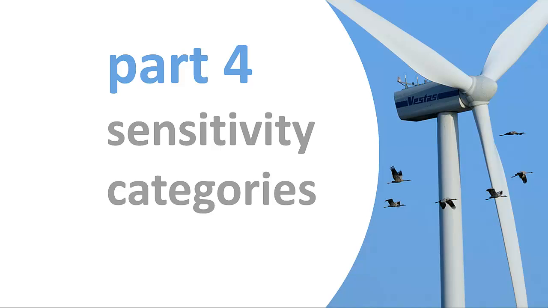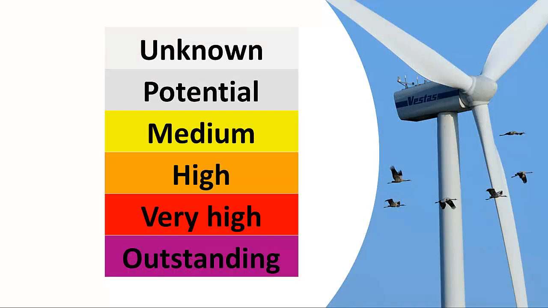Part 4. The sensitivity categories. There are 6 sensitivity categories, from unknown sensitivity through potential and medium sensitivity to high, very high and outstanding sensitivity. If a site has no associated population records of soaring bird species, it is placed in the unknown sensitivity category.